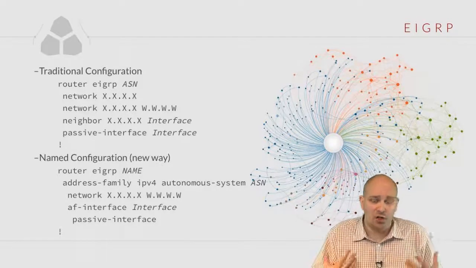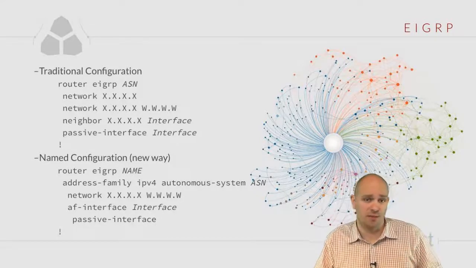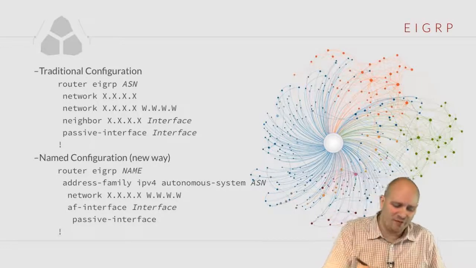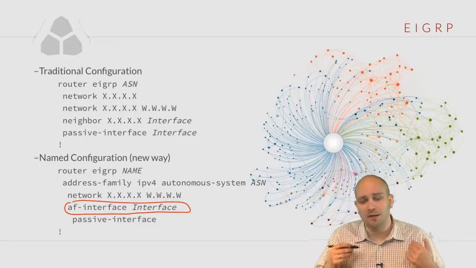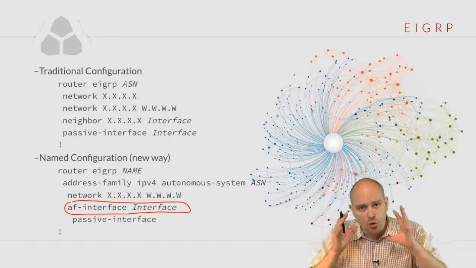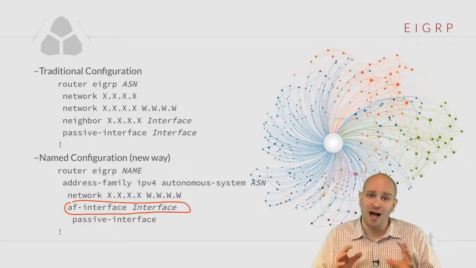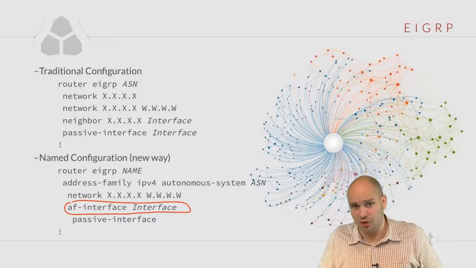Now, another very important method introduced with the new method of configuration is this af-interface command. With the af-interface command, what we can do is, in the process itself, group certain configuration parameters that would otherwise be divided into individual interface configuration modes.